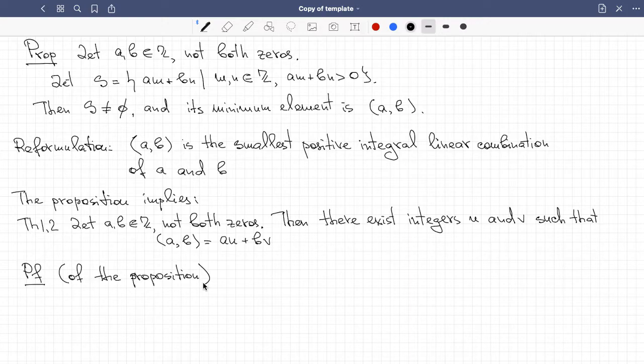First of all, the first order of business is to prove that the set S, defined this way, is not an empty set. S is non-empty.